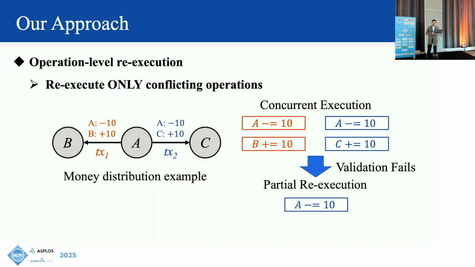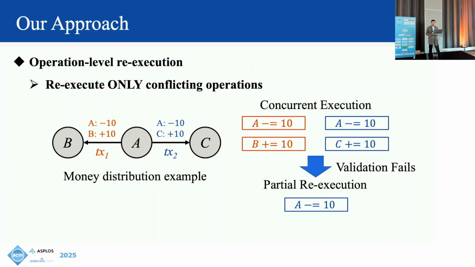Instead of aborting and restarting the entire transaction upon detecting a conflict, we identify only the conflicting operations and re-execute them, while preserving the rest of the previous work. So back to our previous example, both transaction 1 and 2 execute concurrently.